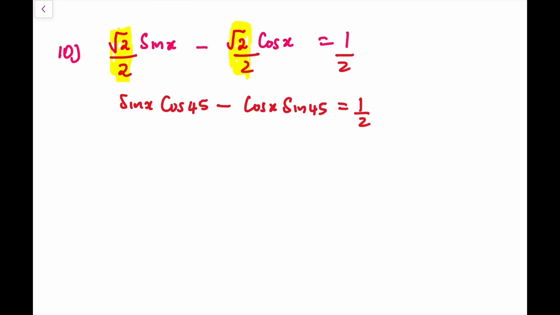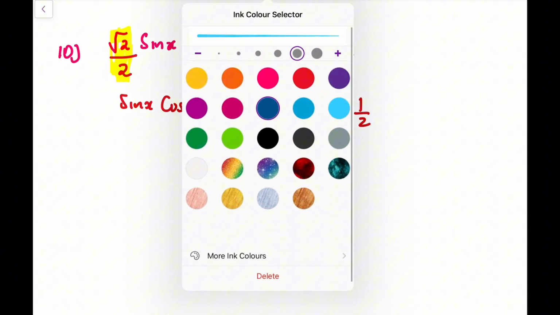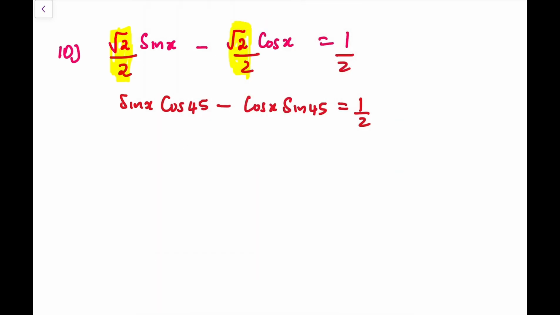Now you will notice that we now have a compound angle that is already expanded, so we need to take it back. Because of the mixture of sine and cos, it was originally sine of x minus 45 is equal to 1 over 2. Now, we are looking for arc sine of 1 over 2.